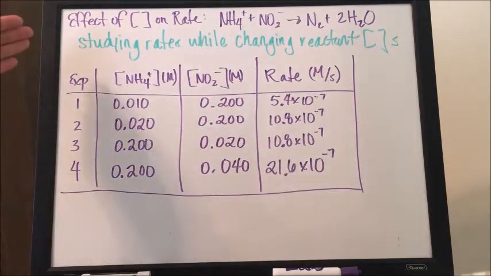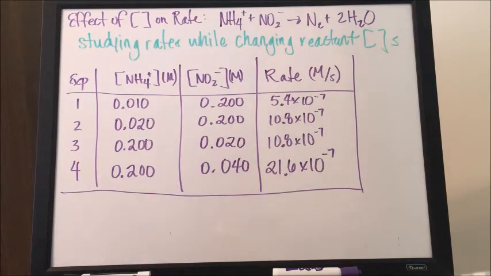So that goes back to what we talked about, that this is a discussion of studying the changes in rate based solely on changing reactant concentrations. And in this case, changing both NH4 plus's concentration and NO2 minus's concentration.